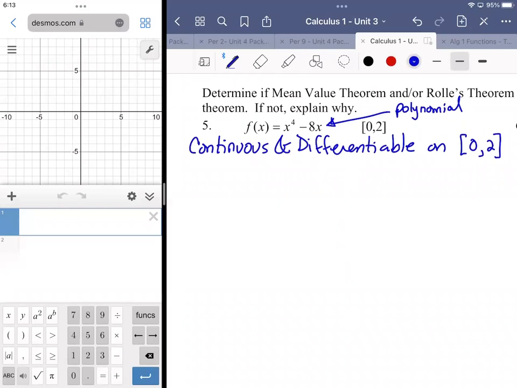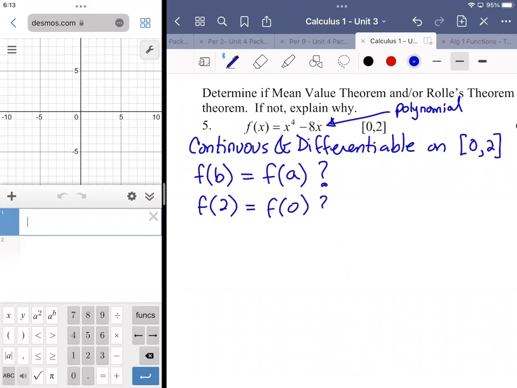So that tells us that the mean value theorem would apply. I'll write that out in a second, but what I want to do is determine f of b and f of a and see if they're equal to one another. So f of b is f of 2, and f of a is f of 0.